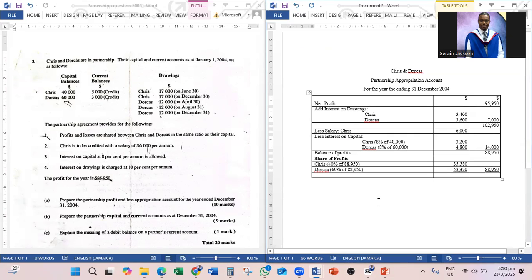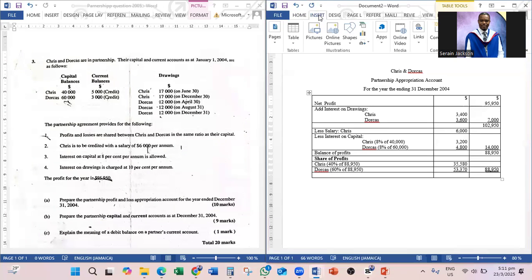Let's move on to part B, which is worth 9 marks. It says prepare the partnership capital and current accounts as at the 31st of December 2004. So they're asking us to create the capital and current accounts.